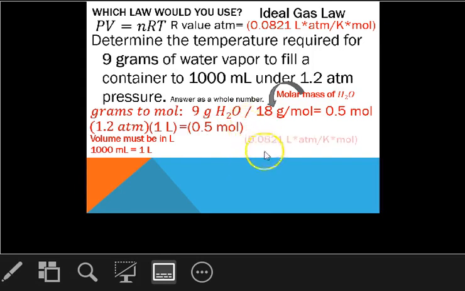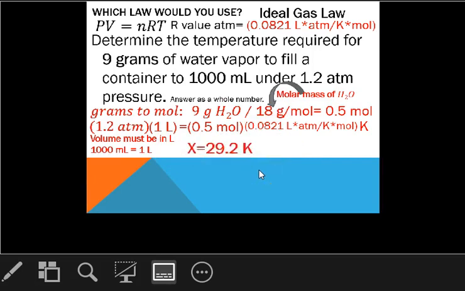Then the R value I simply go get for atmospheres, and I'm solving for K. So you start in your calculator on the side of the problem where you don't have any variables. You have a K variable over here. So 1.2 times 1, divided by parentheses 0.5 times 0.0821, end parentheses.